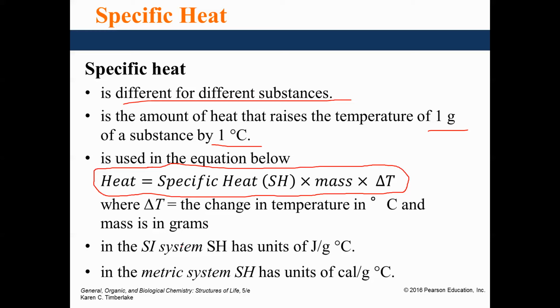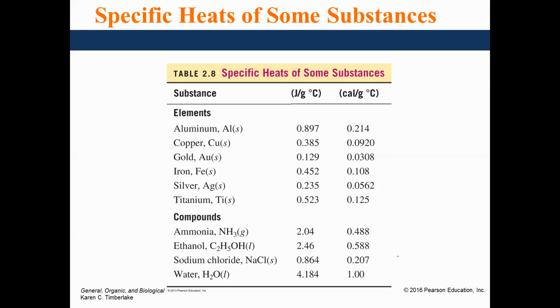In the SI system, specific heat will typically be listed in joules per gram degree C, and the metric system will be in calories per gram degree C. So you might see either one of these in a problem. They're both quite common. Right here we have a list of values of specific heats, and I want to draw particular attention to water. You'll notice that water has an extremely high specific heat value in comparison to other substances.